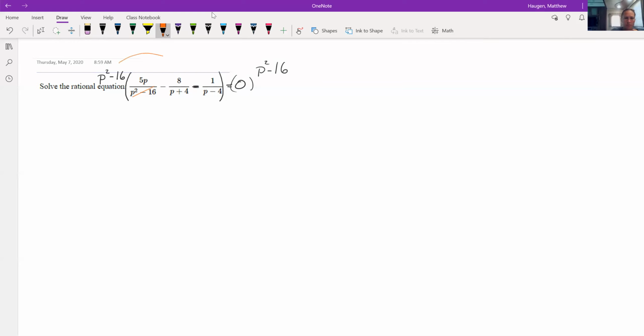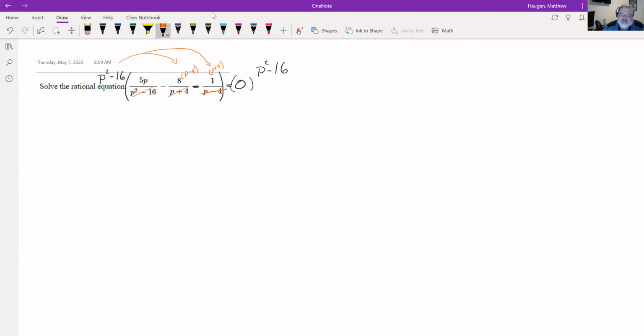When it distributes to here, the p plus 4 is inside the p squared minus 16. So that p plus 4 is going to cancel with the p plus 4 in p squared minus 16, leaving just that times the p minus 4. And when it distributes here, it's going to cancel with the p minus 4, leaving just the p plus 4.